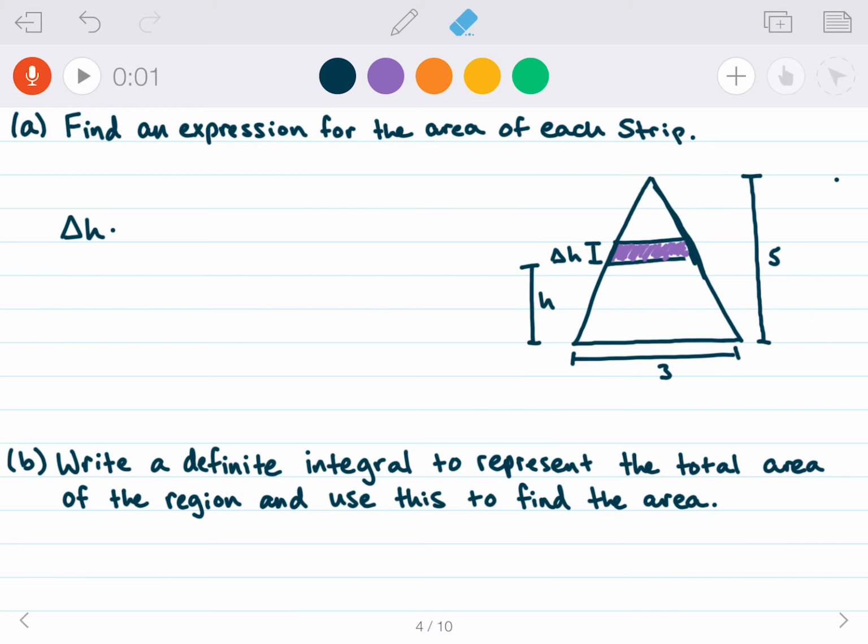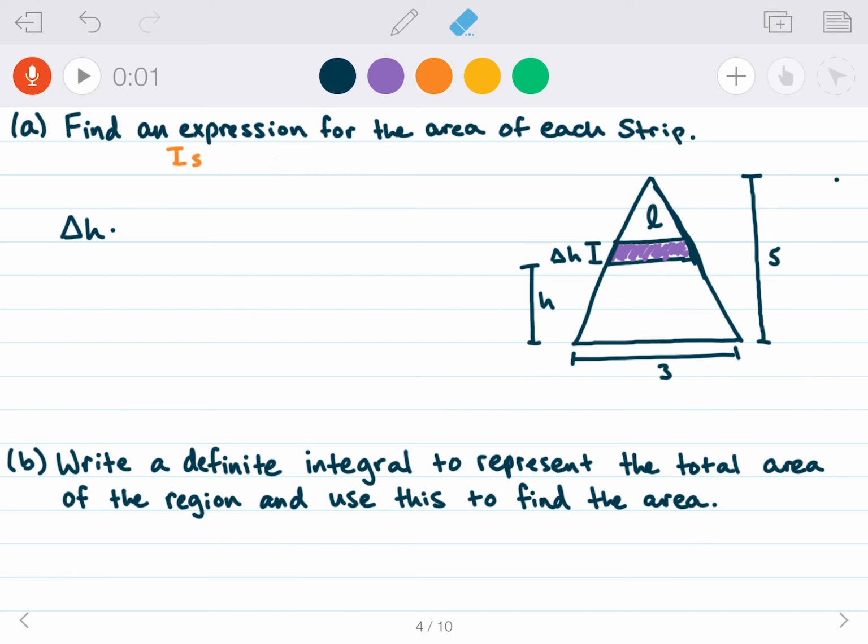But what's the length of the rectangle? You have to ask yourself, is length a function of height? Let's write that down. This is really important. Is length... Oh my God, I can't spell length.